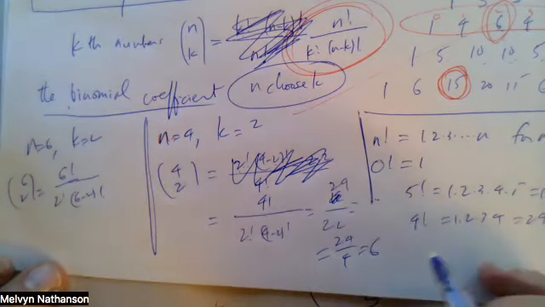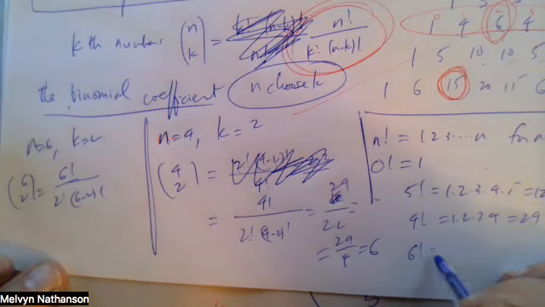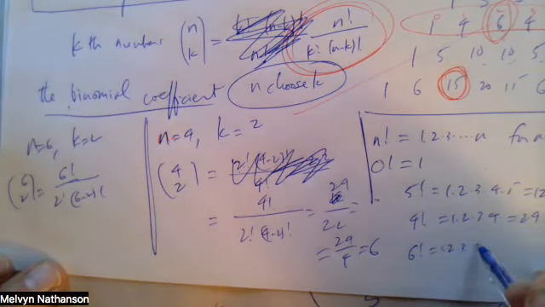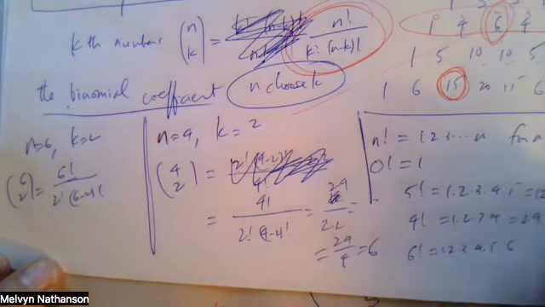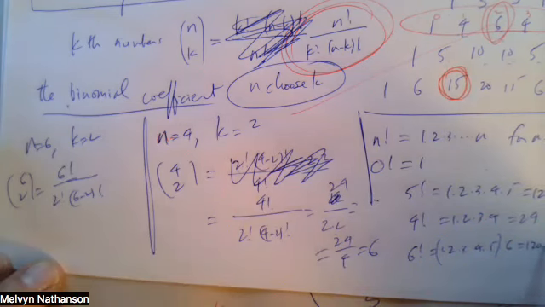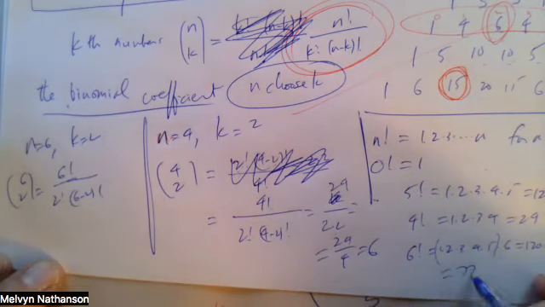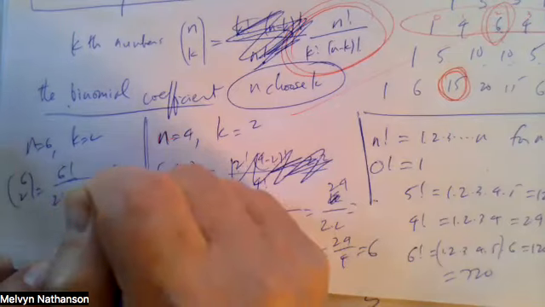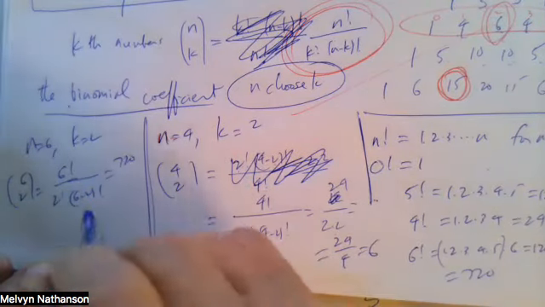What is 6 factorial? 6 factorial is 1 times 2 times 3 times 4 times 5 times 6. The product of the numbers from 1 through 5 is 120. This is 120 times 6, so this is 720. This numerator is 720.